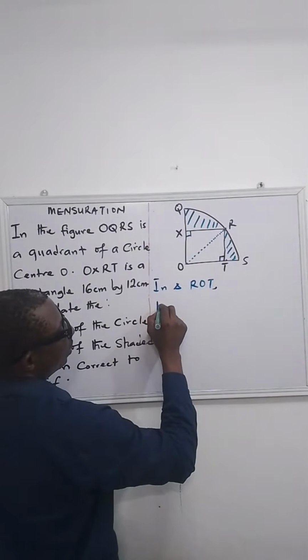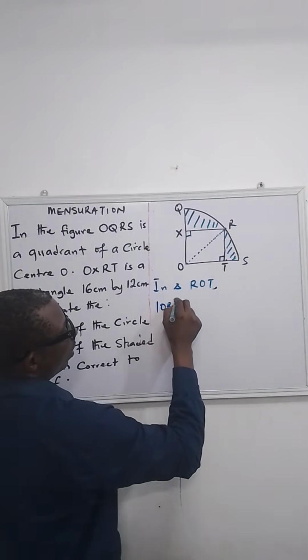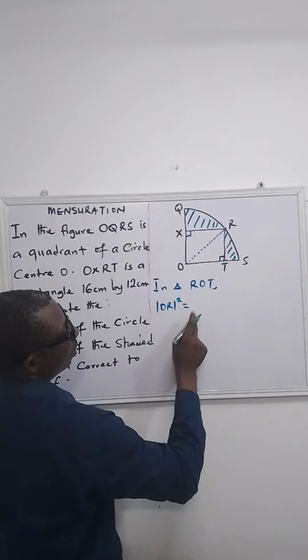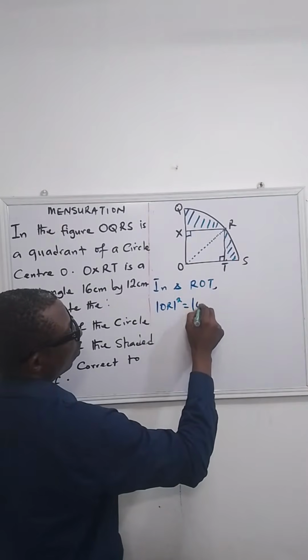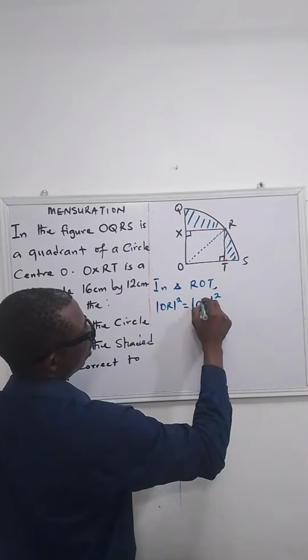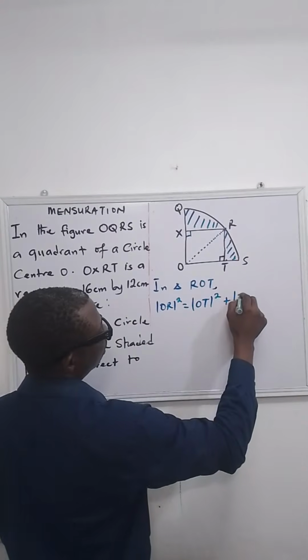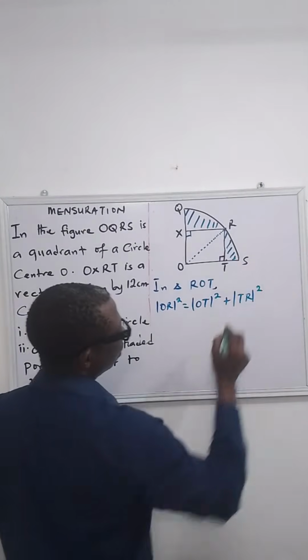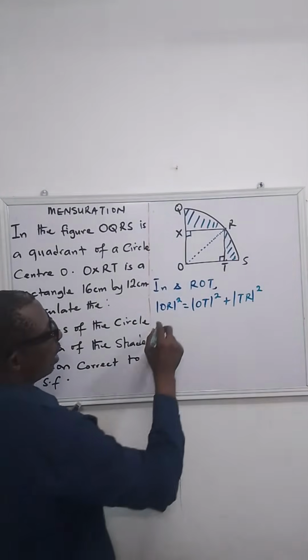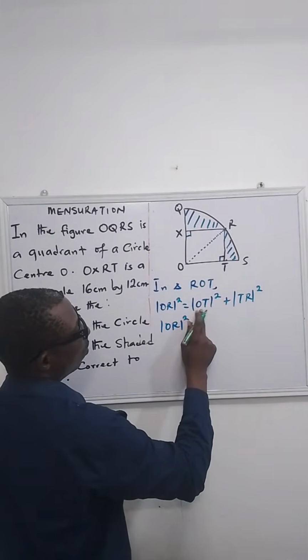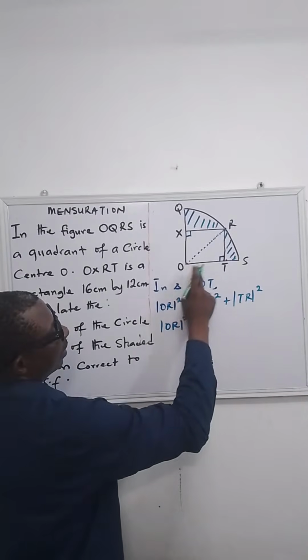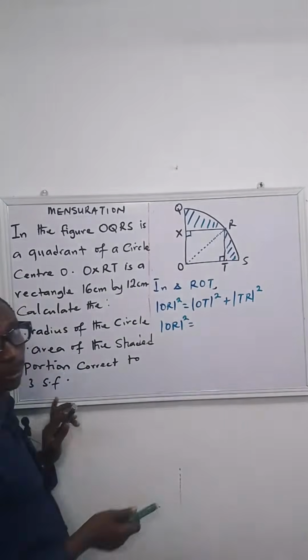So we write the hypotenuse, which is OR square, equals the addition of the square of the two sides. So we have OT square plus TR square.